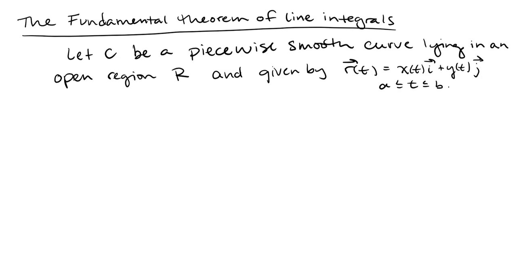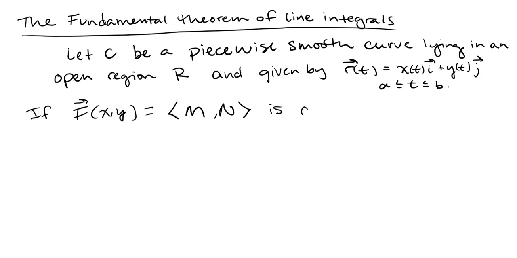Then we'll take a look at a vector field capital F(x, y) with components M and N, which is reminiscent of when we talked about these in the past. The condition we need for this fundamental theorem is that this vector field is conservative.